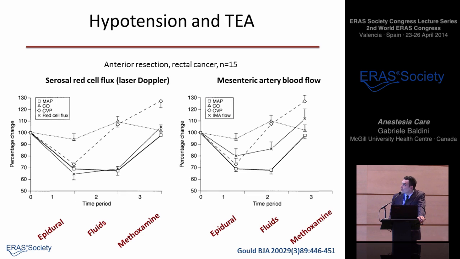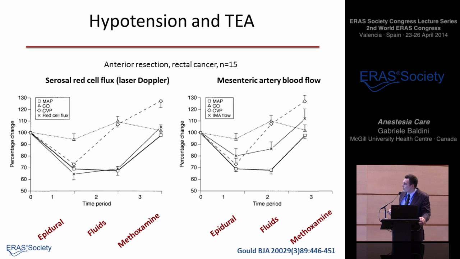How do we treat hypotension? The most common anesthesiology reflex to treat hypotension is to give fluids. There's a beautiful study done in patients receiving epidurals. What they did intraoperatively was look at bowel perfusion with a Doppler at the level of the serosa of the colon and the mesenteric artery.